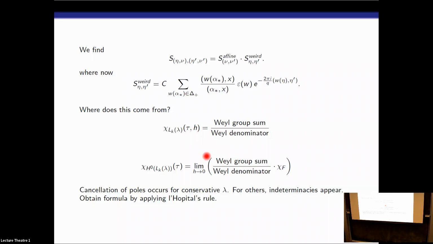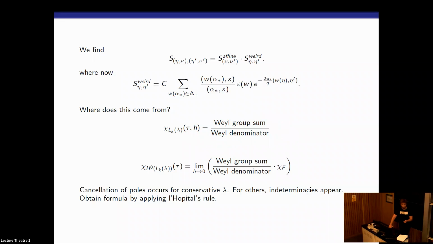Then by the Weyl-Kac character formula, we have an expression which is a Weyl group sum of theta functions, divided by this Weyl denominator, which is a certain infinite product, which is also a theta function. That's what we identified. Then when you do the Hamiltonian reduction, you basically take a limit where h goes to 0.